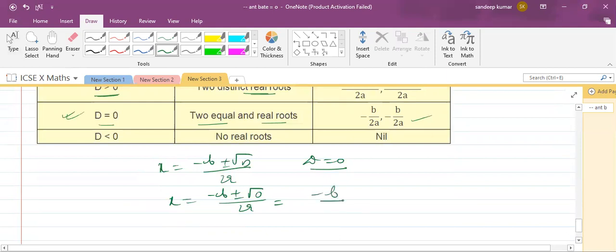So minus b plus 0, means 0 only, by twice of a. So the root is minus b by twice of a. Okay, so both roots will be the same. And the third case is that if d is less than 0, there are no real roots. Okay, so the roots are imaginary in this case. So this is all about the concepts of quadratic equations.